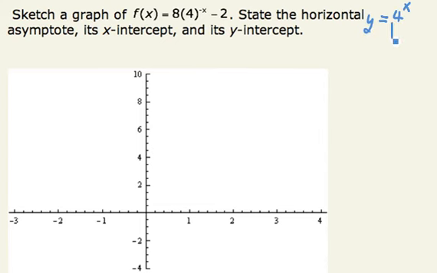That's a pretty straightforward exponential function, and we know it's an exponential growth function that looks like this. The intercept is at 1, and the asymptote is the x-axis. The function asks us to look at 4 to the negative x, however.